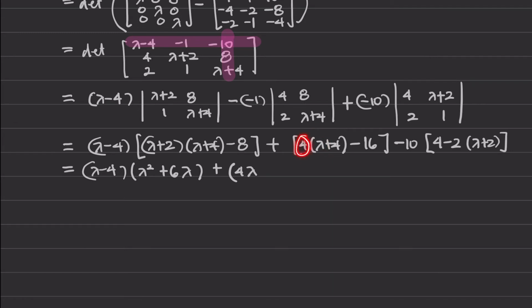Tapos, 16 minus 16, 0. So, makakancel na yun. So, 4 lambda na lang yan. Minus 10 times 4. Tapos, negative 2 lambda minus 4. So, magka-cancel itong part na to. So, negative 2 lambda lang yan.